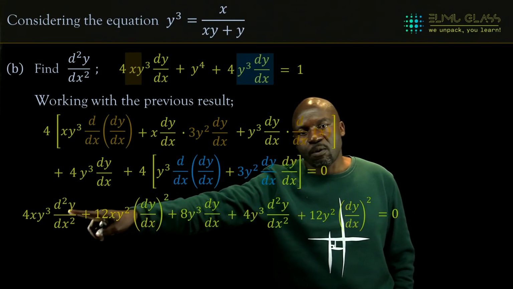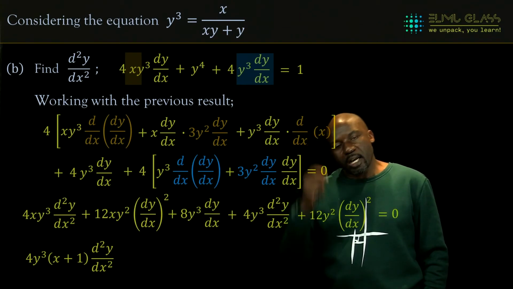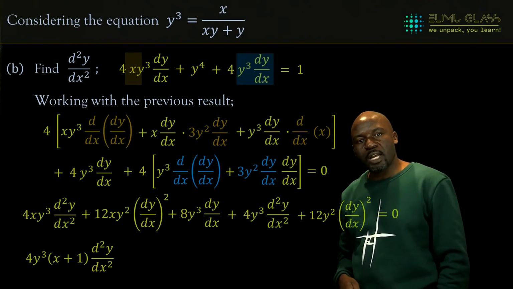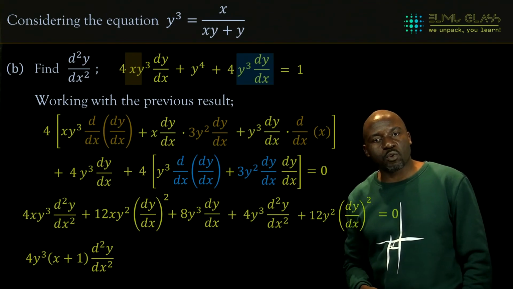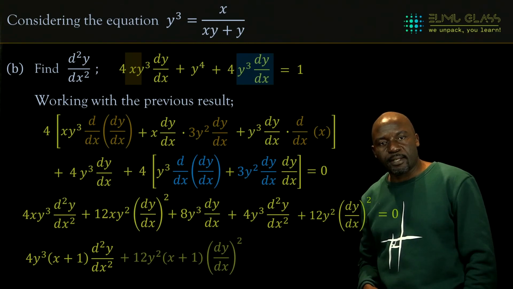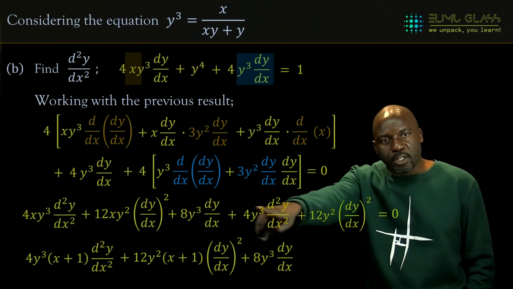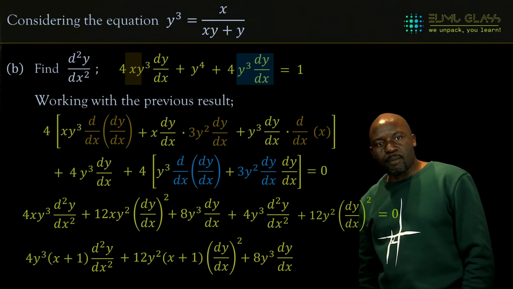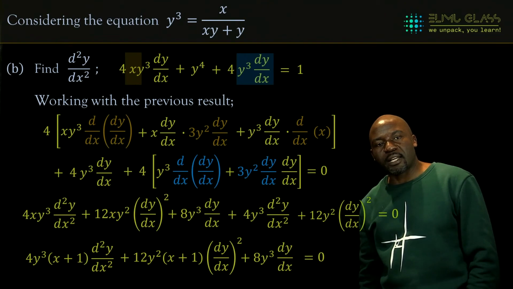So I can say 4y cubed into x plus 1 d squared y by dx squared. And then I have this and that as also like terms. And again, I can see 12y squared being common. So I can write 12y squared into x plus 1 dy by dx squared. So like that, and this equals 0. There is one term still remaining here, this one here, 8y cubed dy by dx, okay? And so this equals 0, and this is our second derivative.